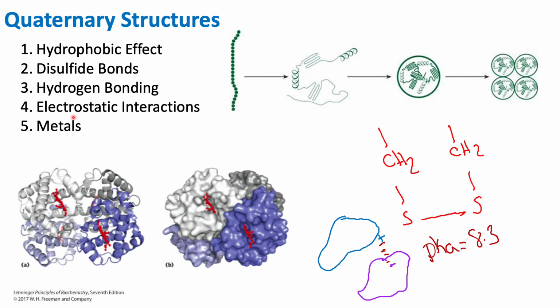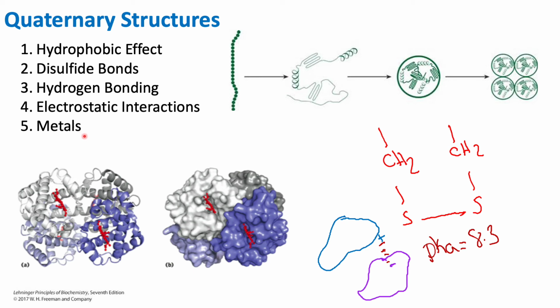Now, the last thing that affects quaternary structures is metals, and we discussed this before. Now, we can remember that, for example, if we have an oxygen, for example, glutamate, it has an oxygen that has a negative charge at high pKa values. And if we want to balance that charge, we can use metals that have a +2 charge. For example, magnesium has a +2 charge, and that can be used to balance out the negative charge of the oxygen.